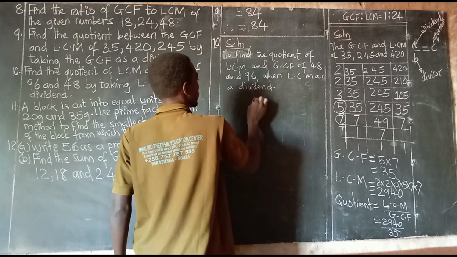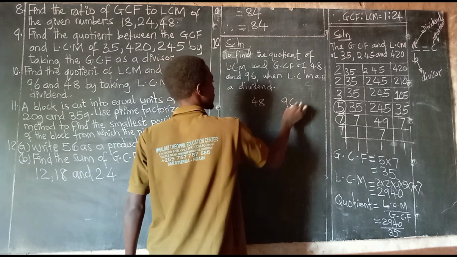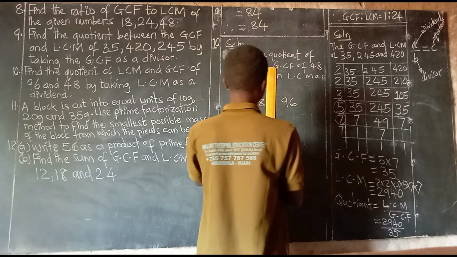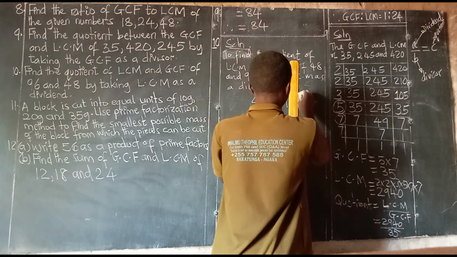We have 48 and 96. If we have 48 and 96, we are going to proceed.